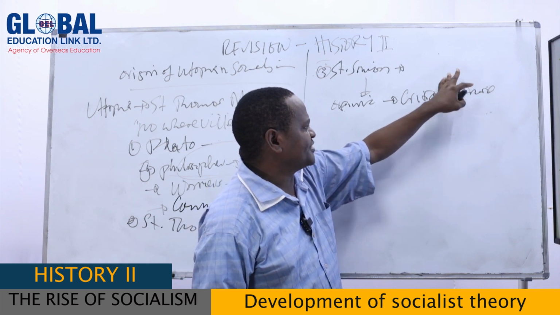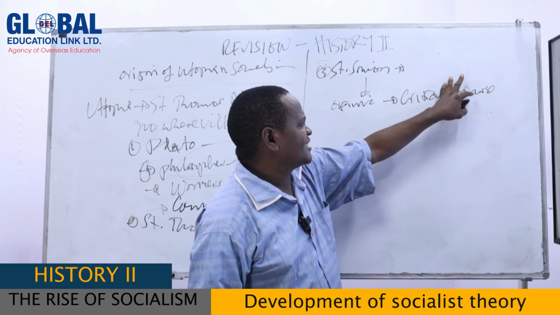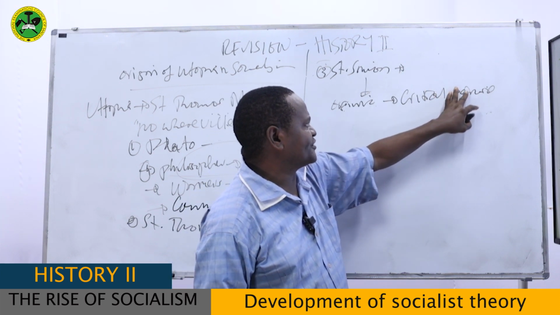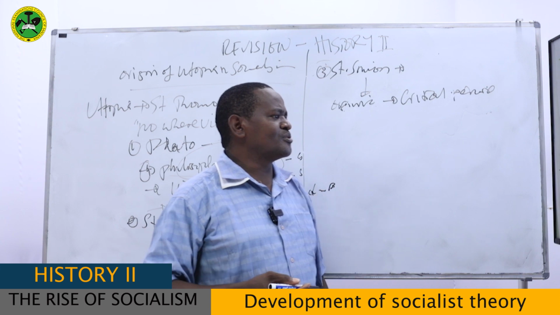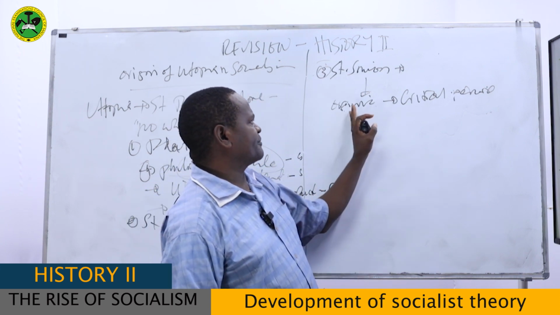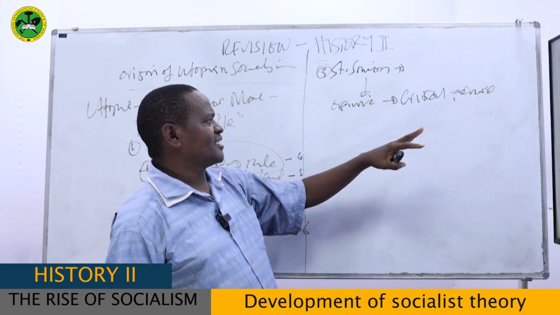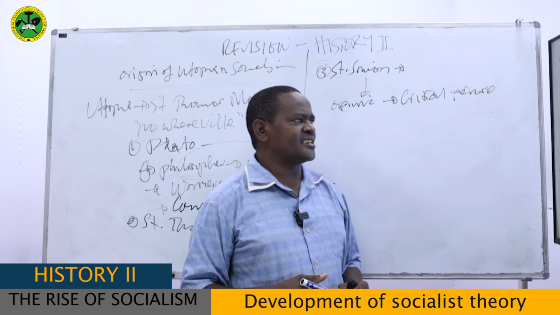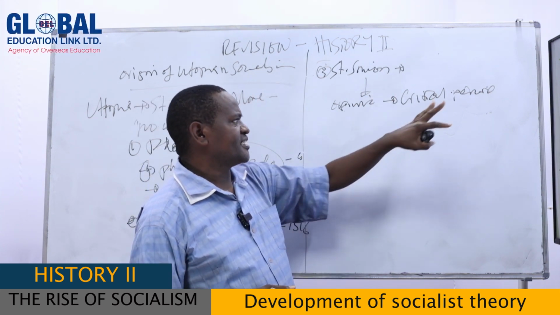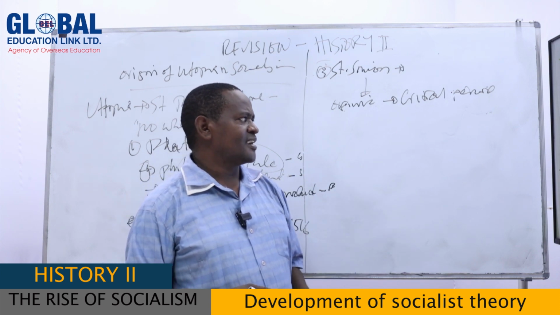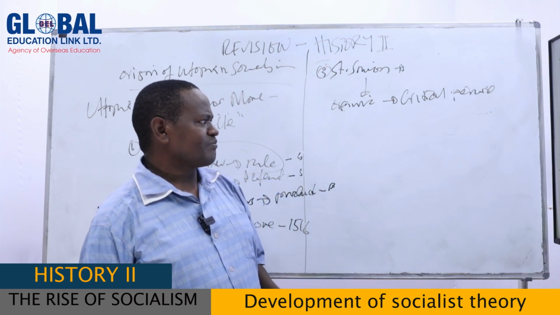So he's saying it is in this period that the ruling class has to be very careful and introduce some measures, at least to help the people. This is the idea introduced by Comte Claude Henri de Saint-Simon.